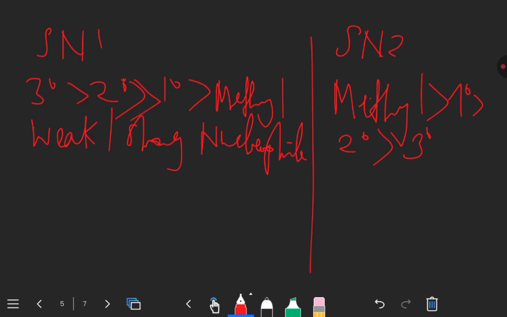But when you're talking about SN2 reaction, this requires just strong nucleophiles. So for SN1, a weak nucleophile or a strong nucleophile can be used, but SN2 prefers nucleophiles which are very strong. Okay, so that is what we need to understand there.